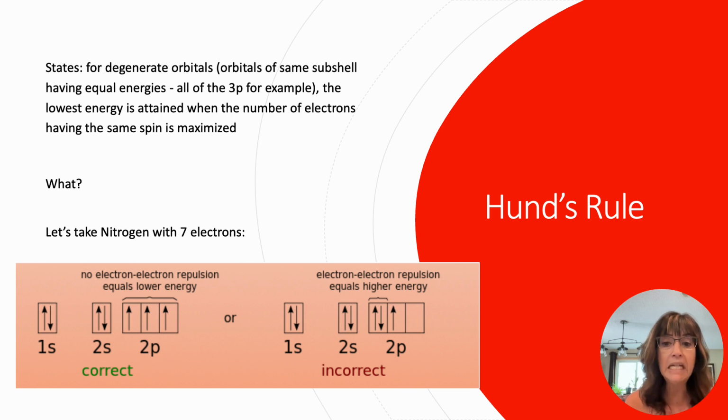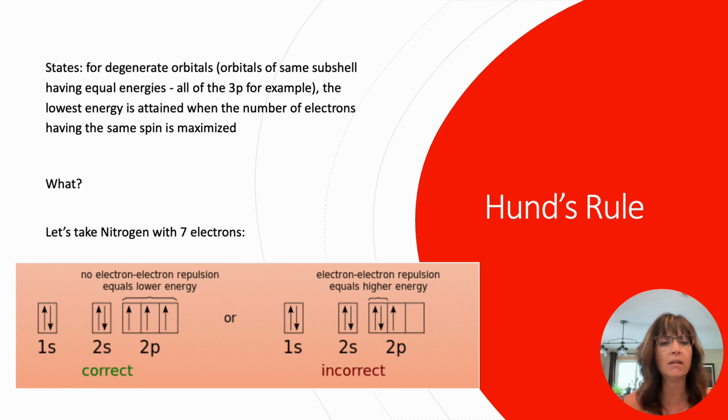There are 3 different 3p's. Remember, one's oriented along the x, one's along the y, one's along the z. All of those have the same energy, even though they're spatially oriented differently. So for those orbitals, the lowest energy is attained when the number of electrons with the same spin is maximized. What does that mean?